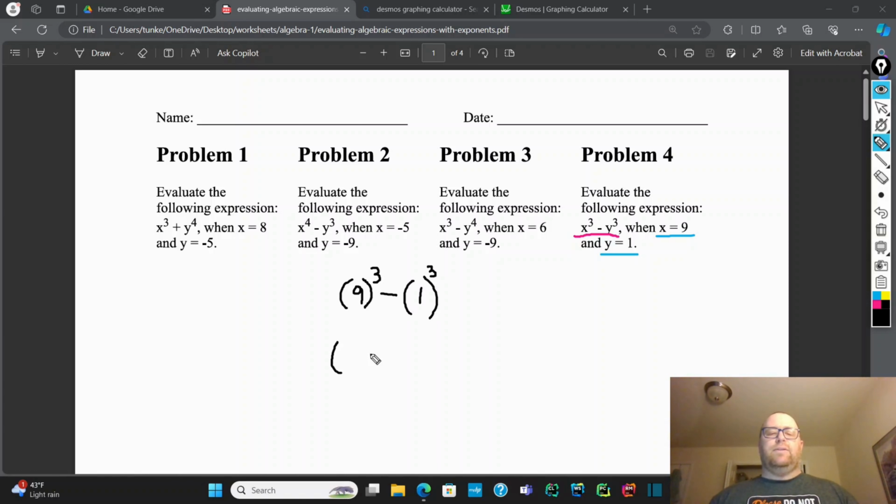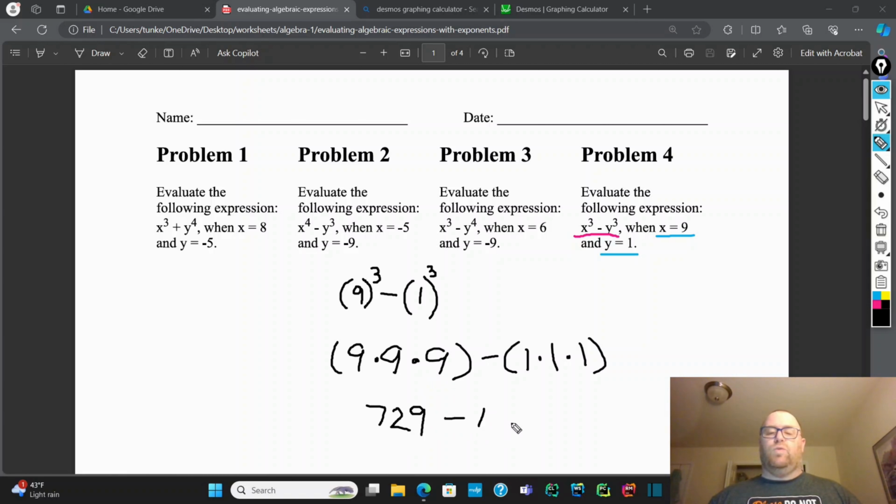Another way to write this is 9 times 9 times 9 minus 1 times 1 times 1. 9 times 9 is 81. 81 times 9 is 729. So we have 729 minus 1, which is 728.